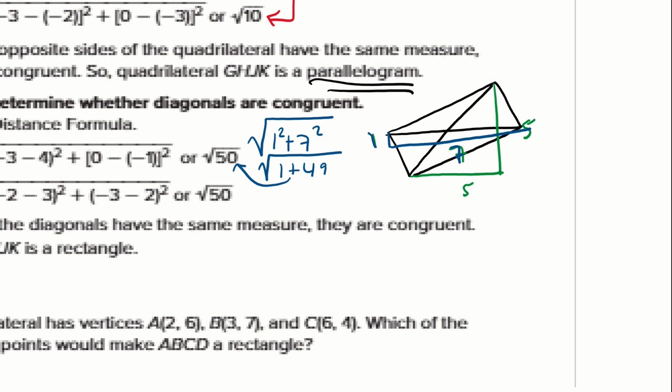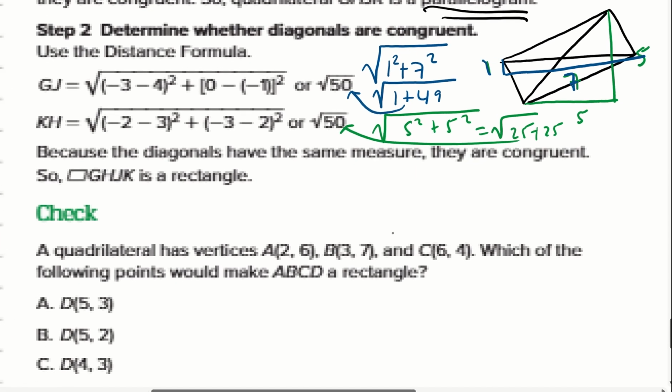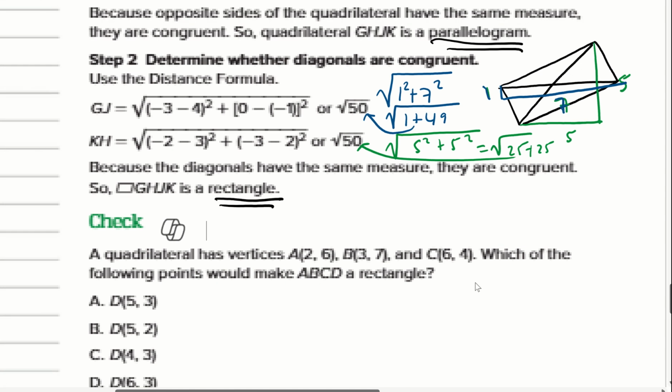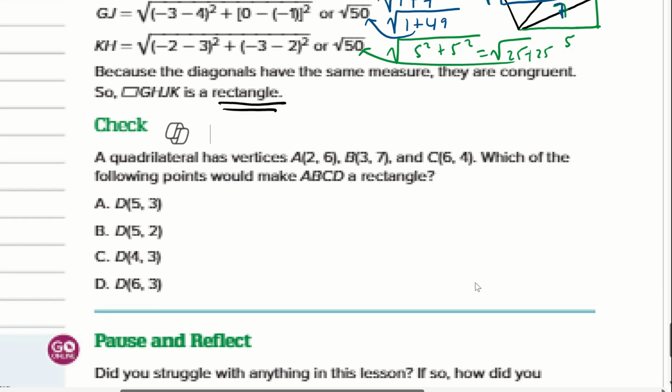Then for the green one, square root of 5 squared plus 5 squared. 5 times 5 is 25, 5 times 5 is 25, 25 plus 25 is 50. So we get square root of 50. And so those two diagonals are congruent, and therefore it must be a rectangle. It has to be a rectangle. Go ahead and do the check and see if you can get the answer.